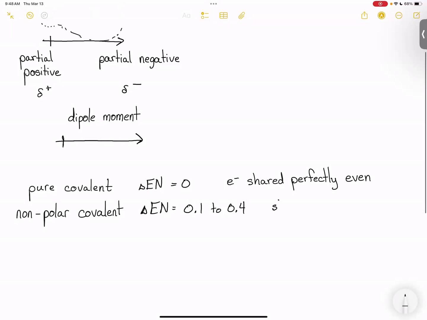Basically, this means there is a slight disproportionate sharing of electrons.